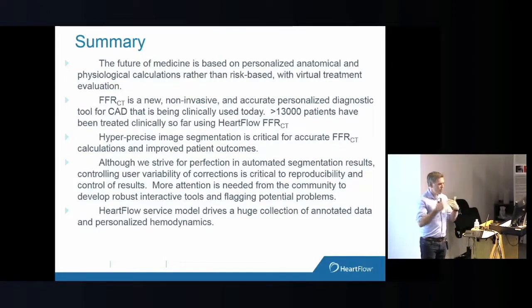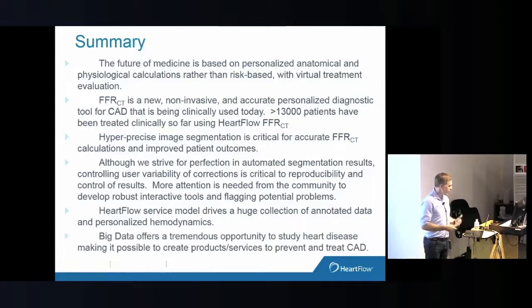HeartFlow, with this cloud-based model, is gathering this huge collection of annotated data and personalized hemodynamics that allows us to really produce better algorithms and ultimately better serve the patients that we are helping. And in general, I think big data offers a tremendous opportunity to study heart disease and make it possible to create better products and services to prevent and treat coronary artery disease.